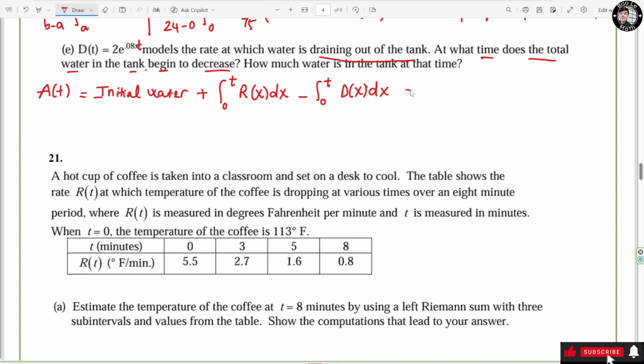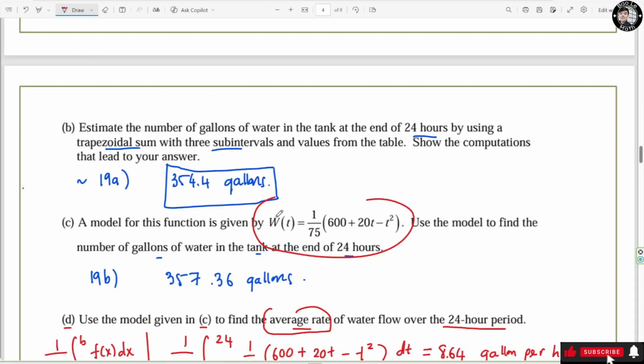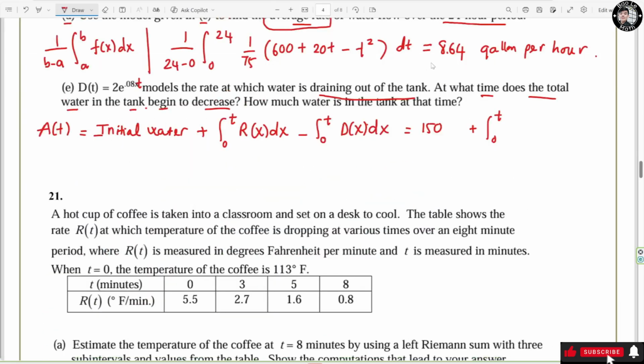So we're going to substitute values. The initial value is 150, right? Plus the integral from 0 to t of R(s), actually this guy right here, W(s) ds, minus the integral from 0 to t of D(s) ds, equal this one right here, right? Now to find the times when the total water in the tank begins to decrease, we need to take the derivative of both sides, right?